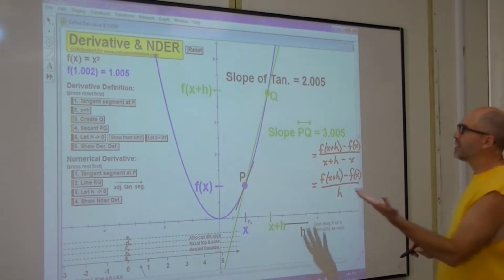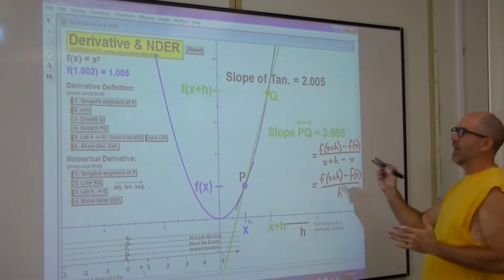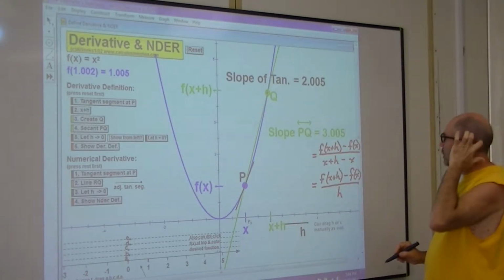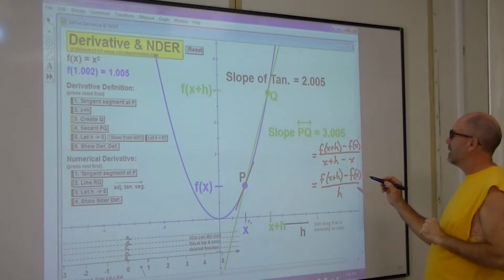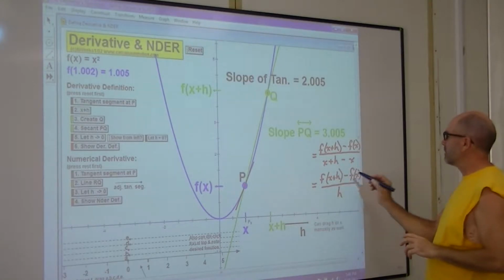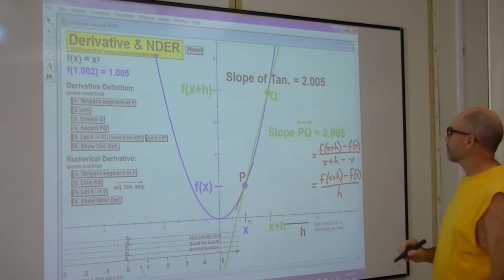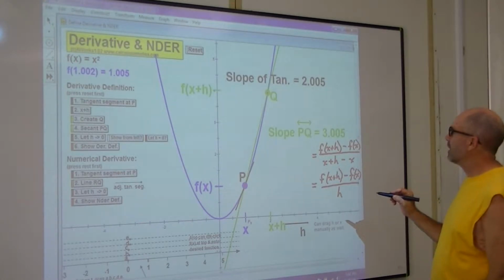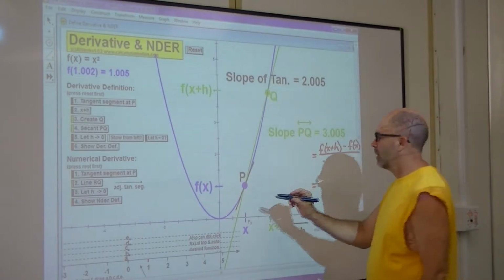Now, what is my f of x? It's x squared. So, yeah, we'll just leave this like this. F of x plus h minus f of x over h. Now, let's say we make P (1, 1).